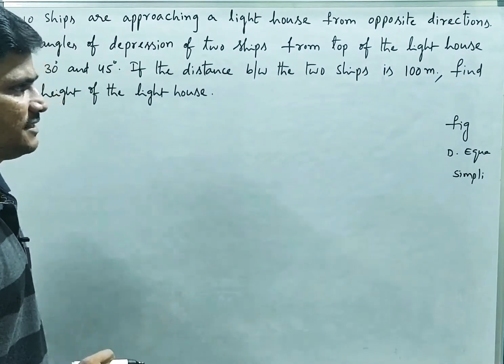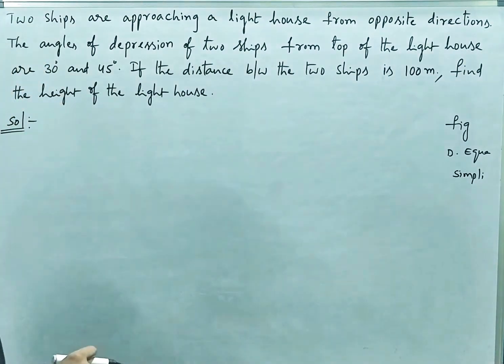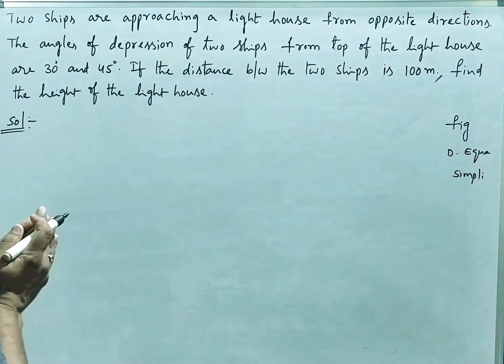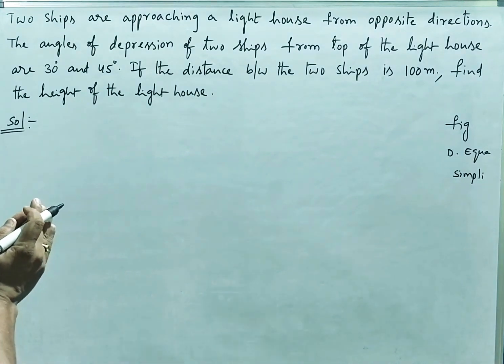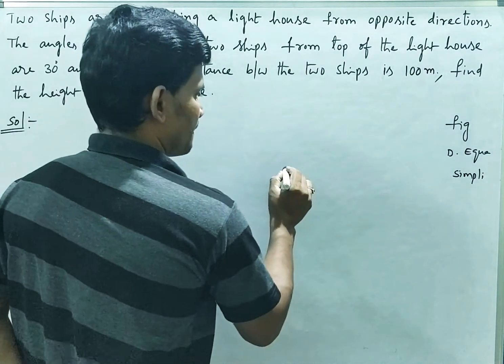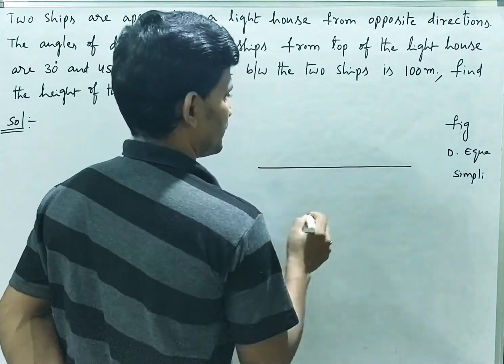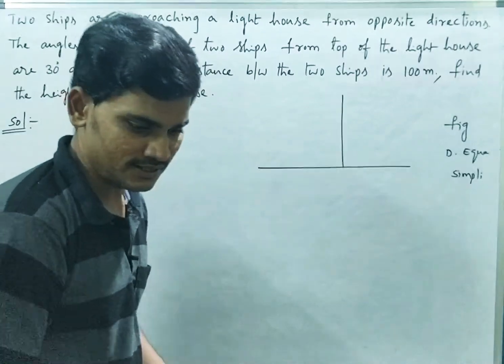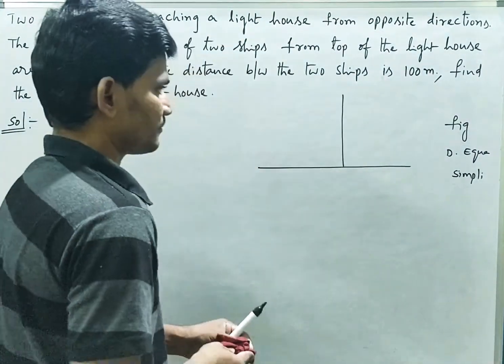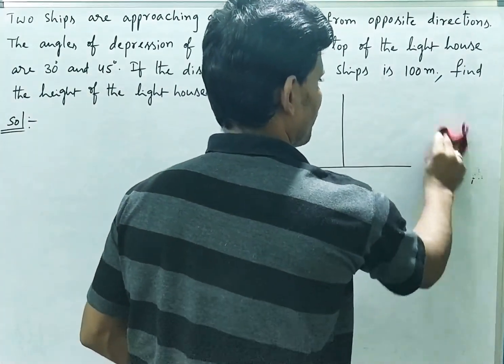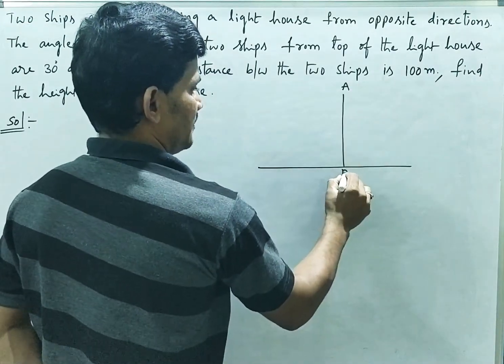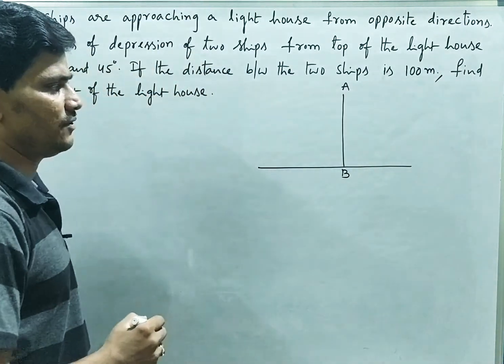In the first step, let us see what is the figure which applies to the given data. Here, two ships are coming towards the lighthouse from opposite directions, which are 100 meters apart. Let us assume AB is the lighthouse.